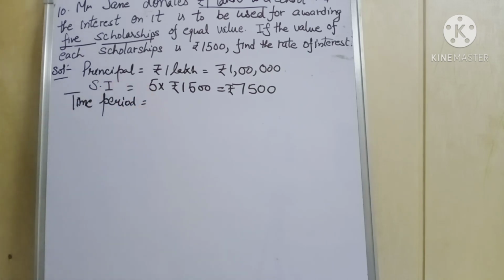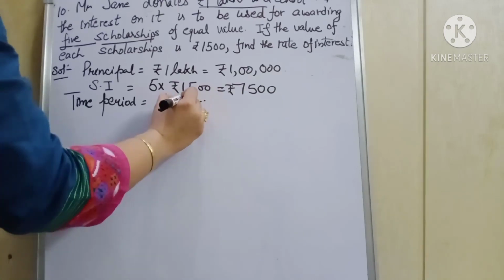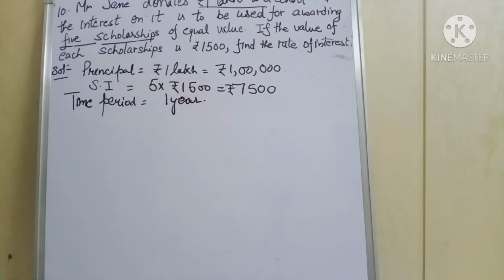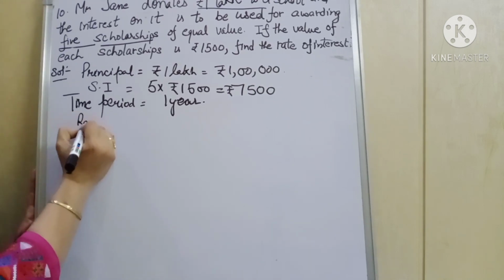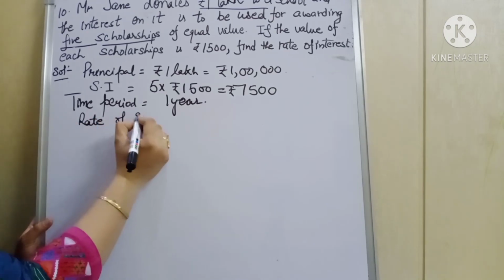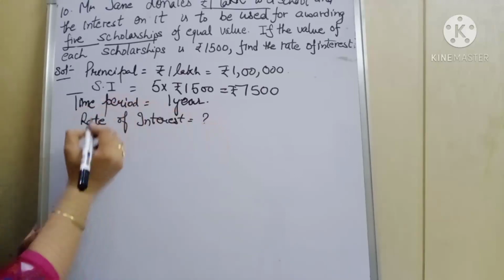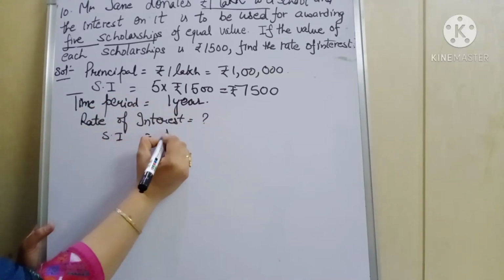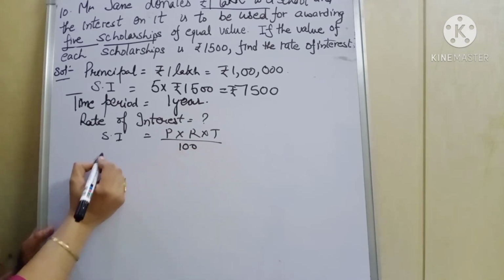Now you think of a time period. Because the time period for a scholarship is 1 year. Generally we take a scholarship for 1 year, unless the number of years is mentioned. Now after that, the rate of interest you have to find. So you know simple interest is equal to P into R into T by 100.